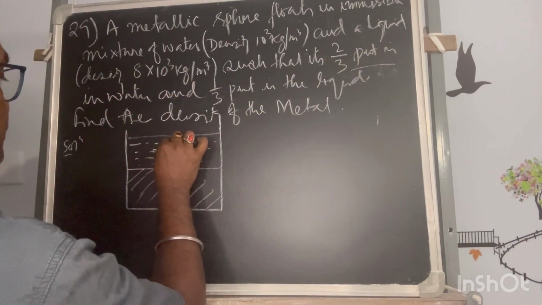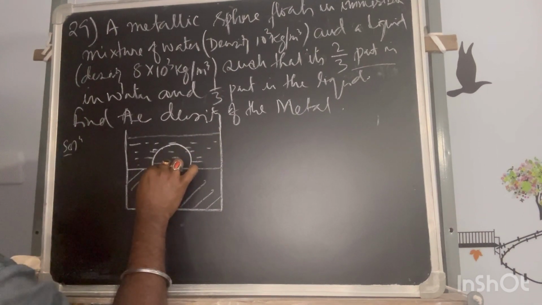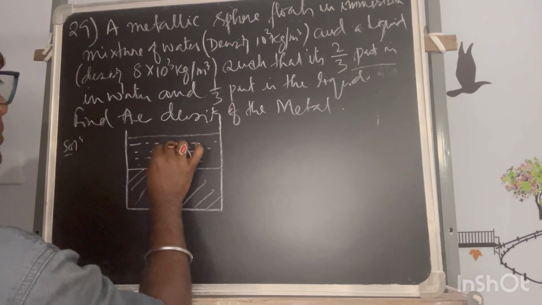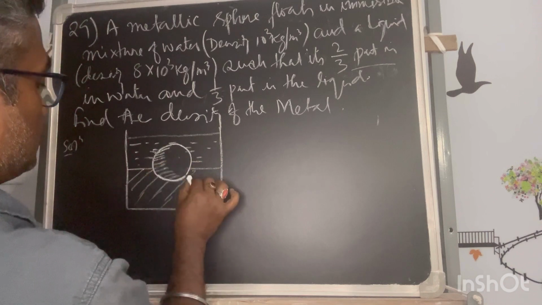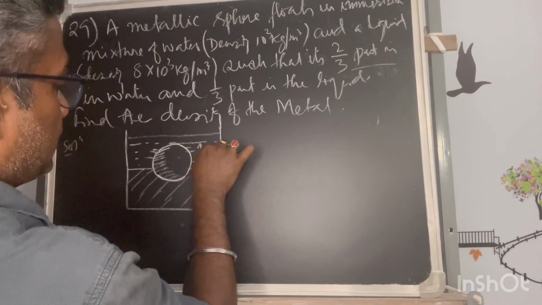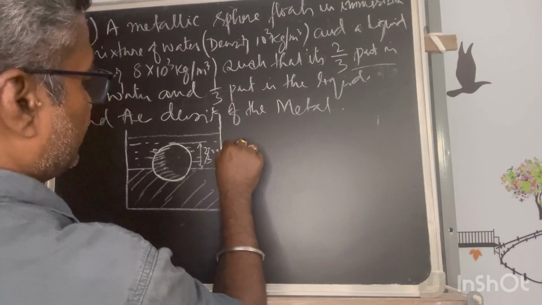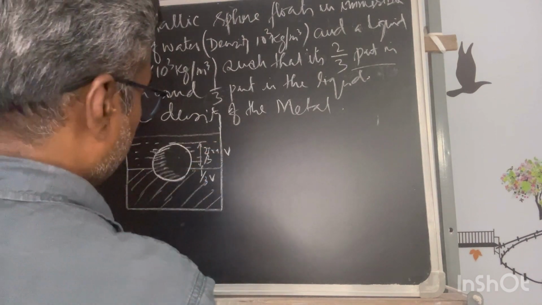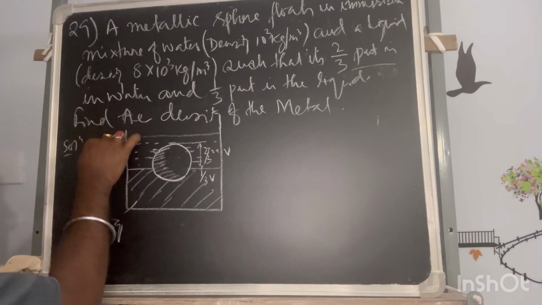So if I assume this is the sphere, just to make it understood, this is the sphere. So the 2/3 part, if I say as per the height, but it must be as per the volume. 2/3 part of the volume is inside water and 1/3 of the volume is inside the other liquid.